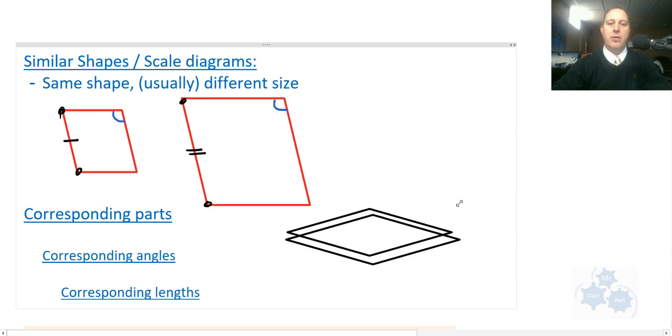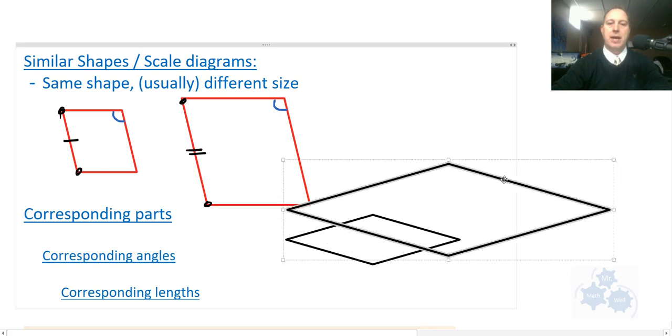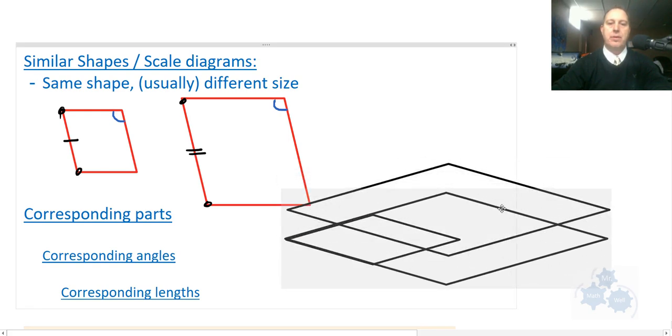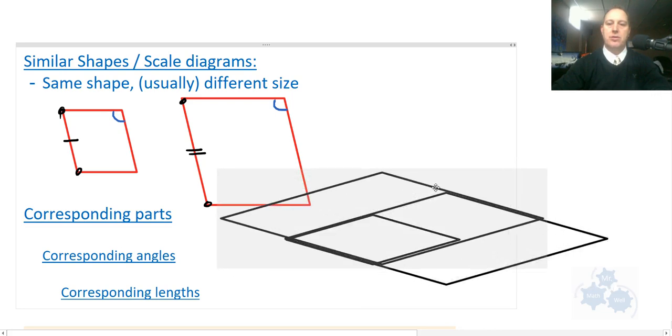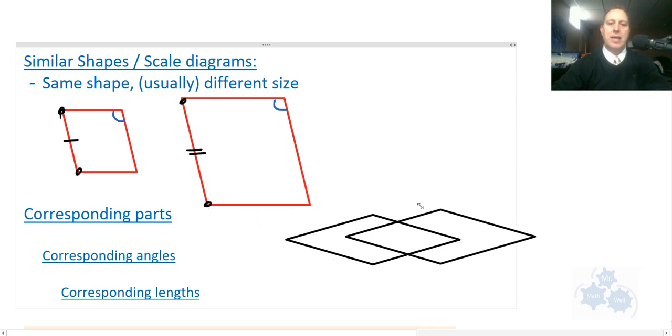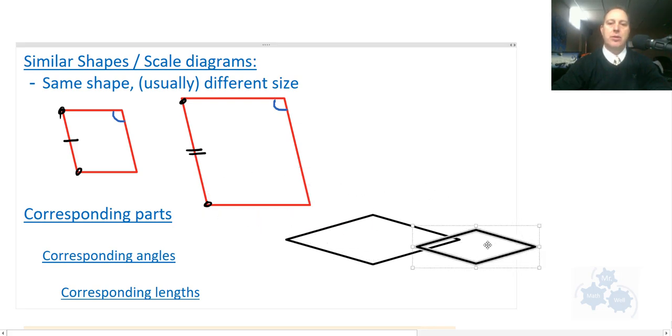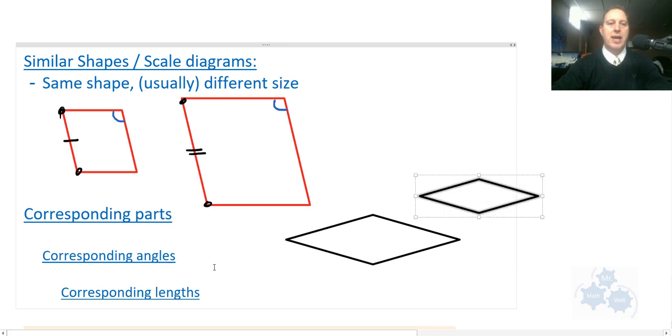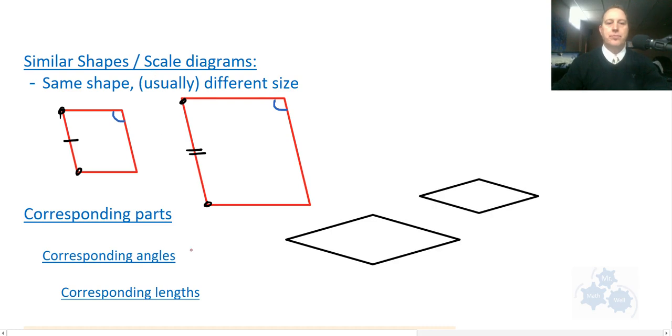It doesn't matter how big or small I make that. If I overlap them, the corresponding angles are the same. So the corresponding angles of similar shapes are always equal.